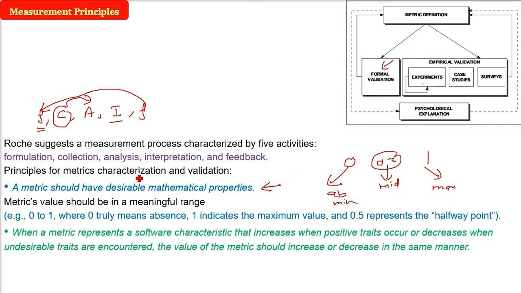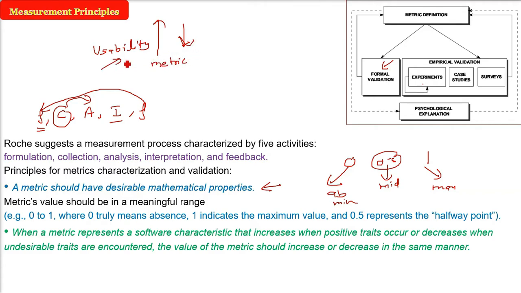And the increasing and decreasing nature, when a metric represents a software characteristic. For example, take usability. When positive traits are occurring, it is increasing. When undesirable traits are occurring, it is decreasing. In the same way, the metric should also increase and decrease in the same manner.